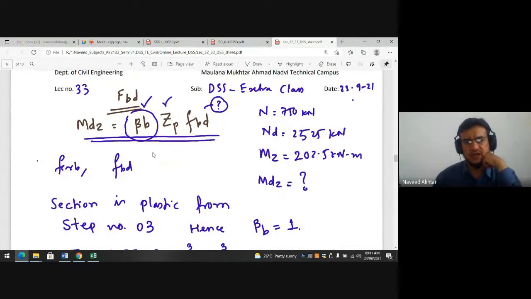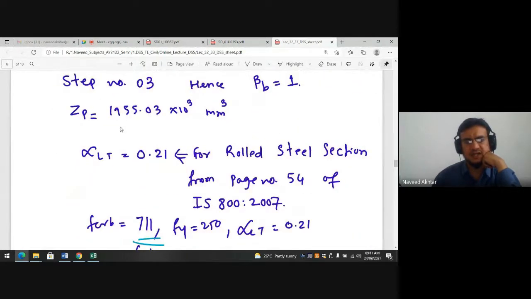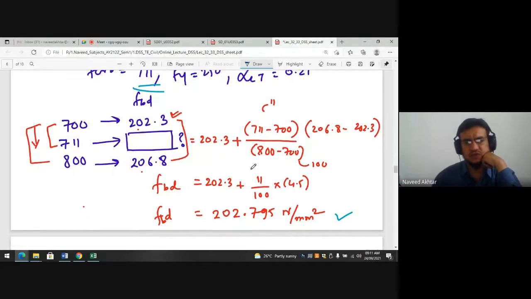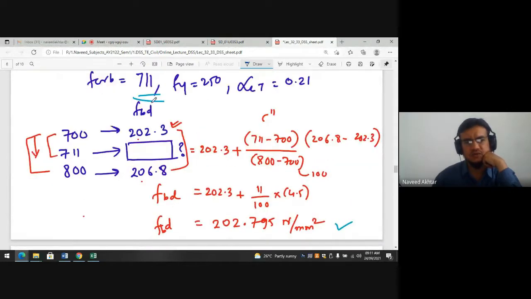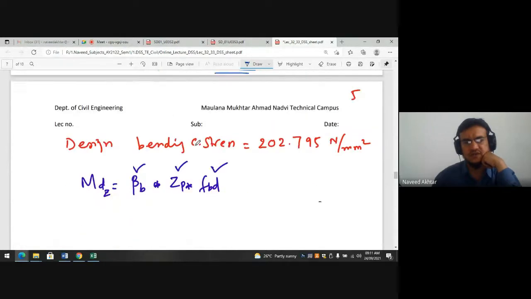Now we have to find out FBD. By knowing the FCRB, we find out FBD by using table number 13A, that is alpha LT, in our case is 0.21. So FCRB by interpolation we got the FBD, and FBD is 202.795.